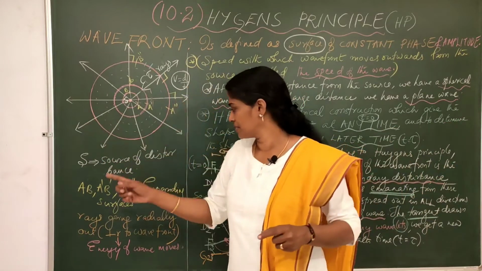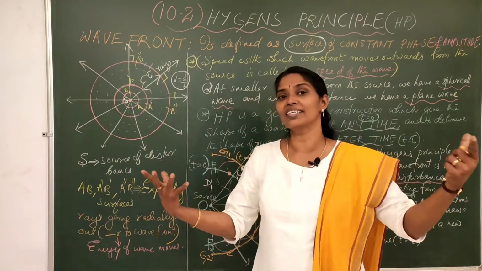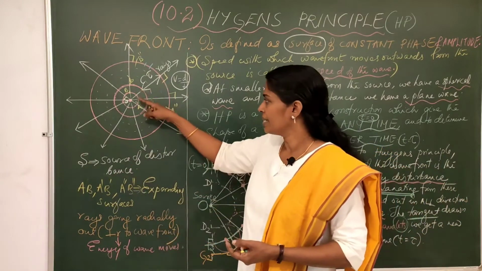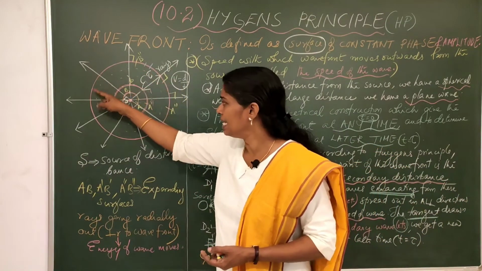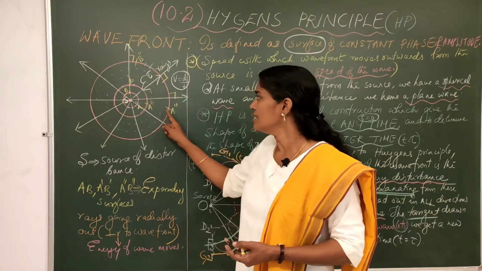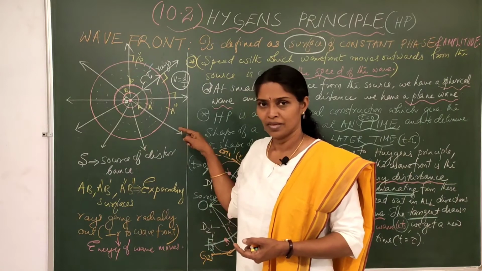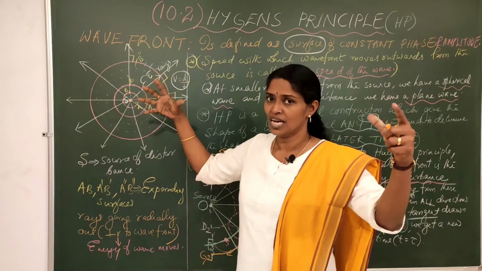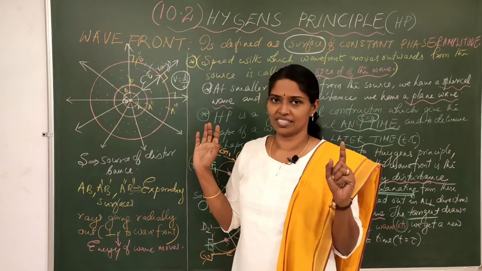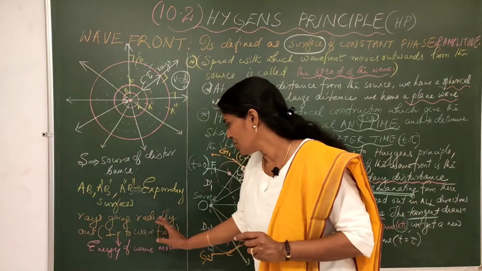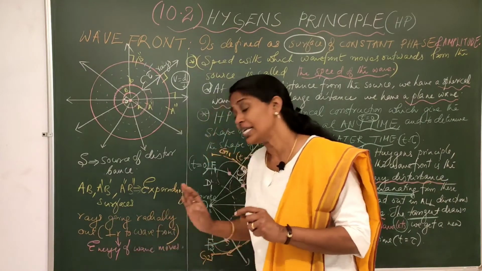And those surfaces are known as expanding surfaces. Clear? And the rays are drawn radially out, perpendicular to the surfaces. Surfaces of expanding spheres are called wavefronts. Once again, the rays go radially out perpendicular to the wavefront.